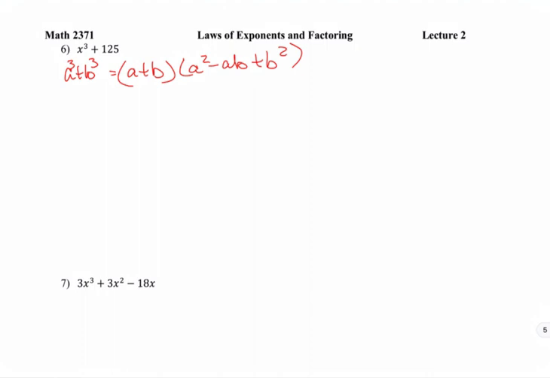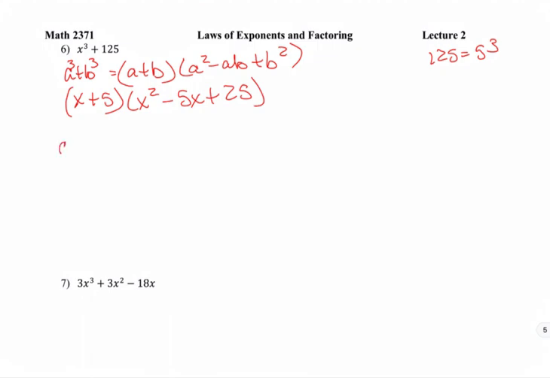So it is simply x, and remember 125 is 5 cubed, so this will be x plus 5 times x squared minus 5x plus 25.